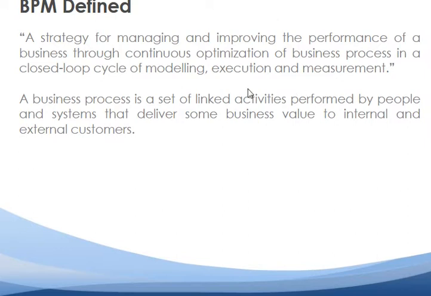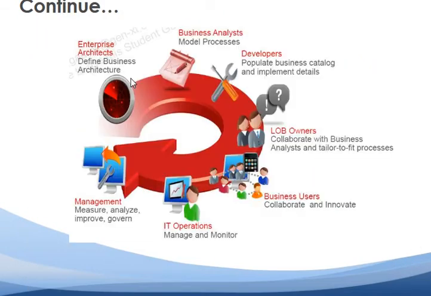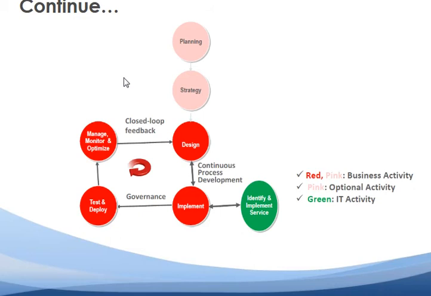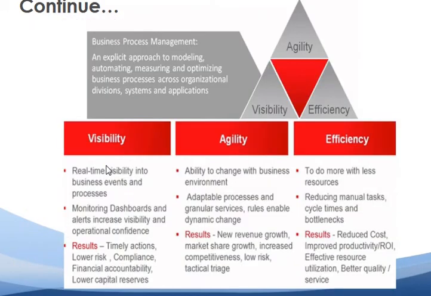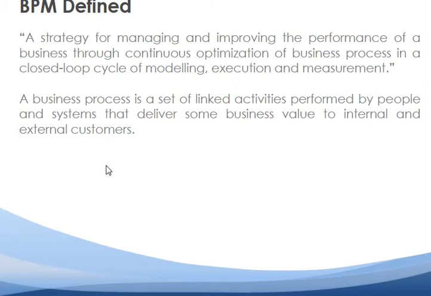So planning, strategy, development, implement, and many more closed loop cycles are there. As you can see the closed loop cycle in this, first he will design, implement, test, and deploy, and this closed loop cycle will go on till the requirement.